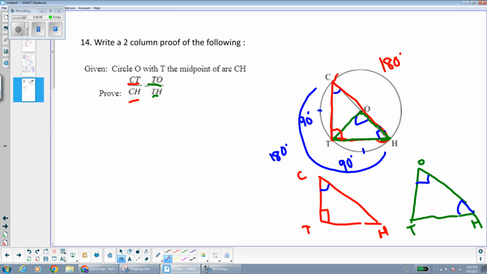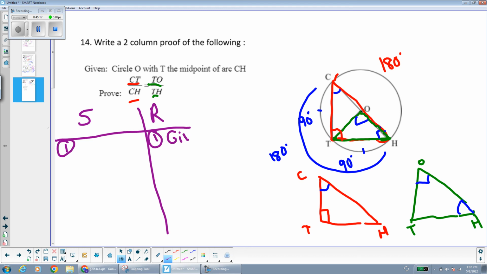So let me make my statement, reason chart. So let me write this up. So my first step is my givens. I'm not going to write them all down now.